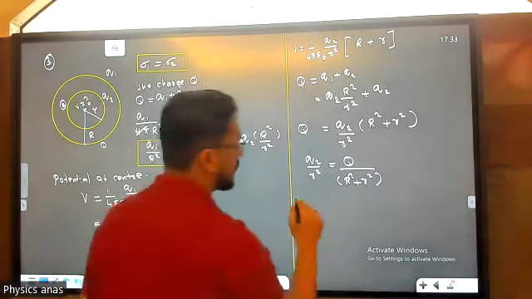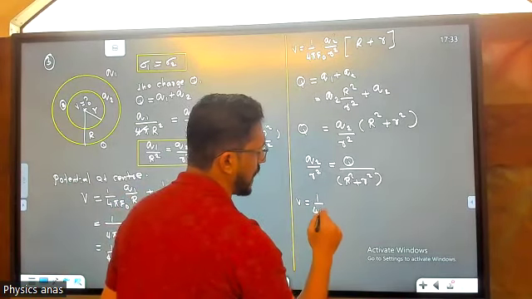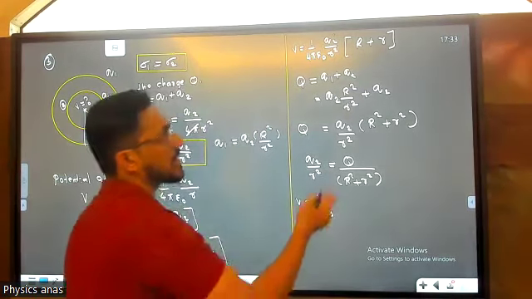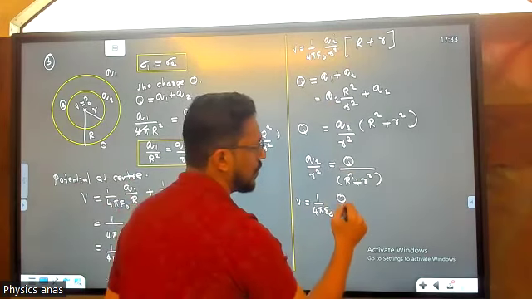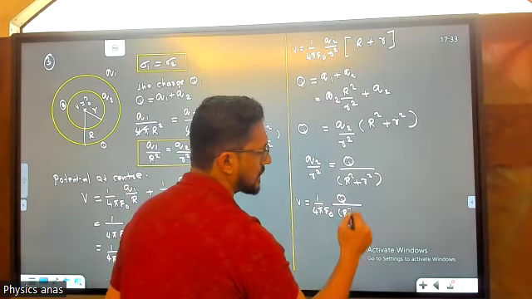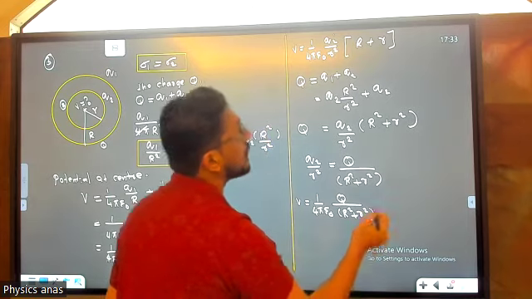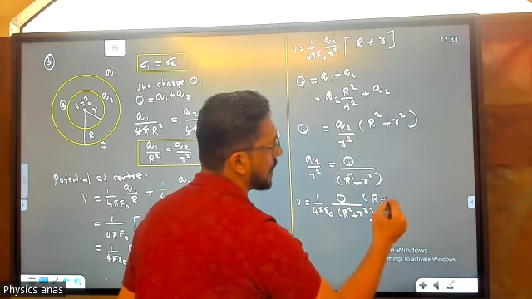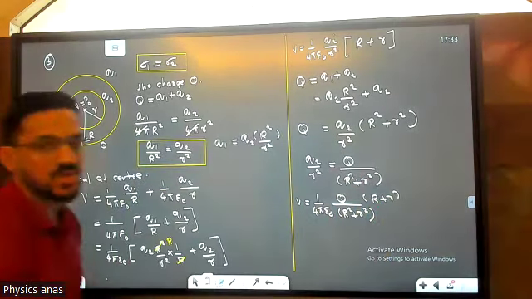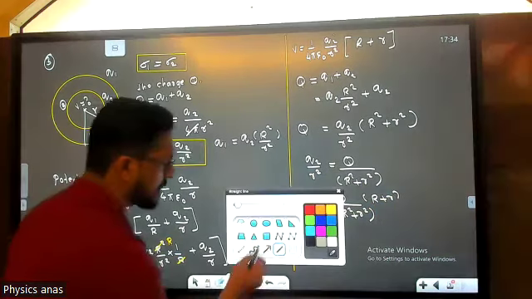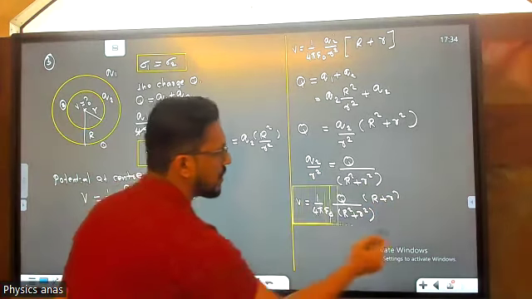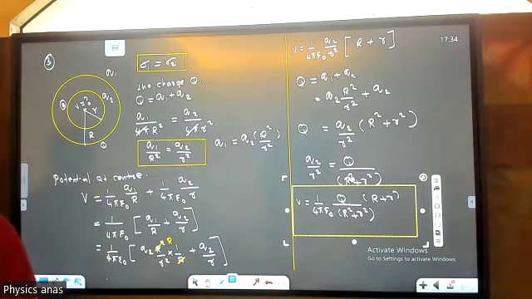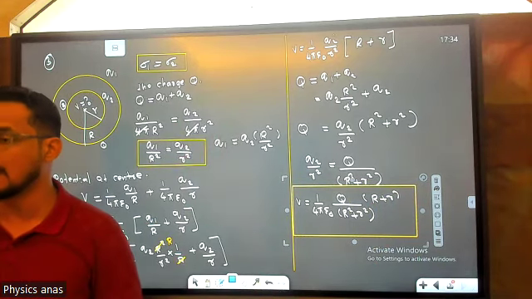What will be the final equation? 1 by 4 pi epsilon naught, Q2 by R square is Q divided by R square plus small r square, into R plus R. Now look at the equation. What is the speciality of that equation? That equation only contains capital Q, capital R, small r.